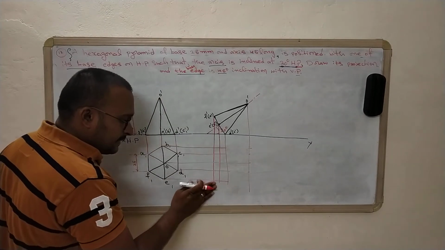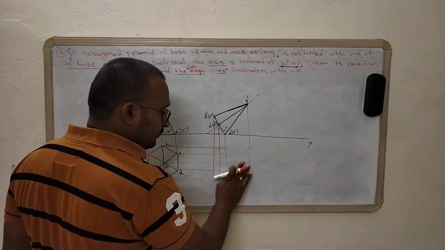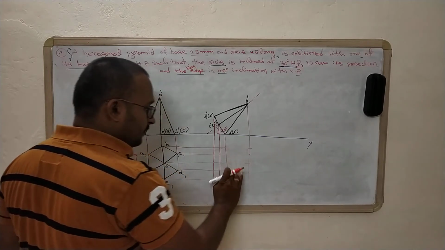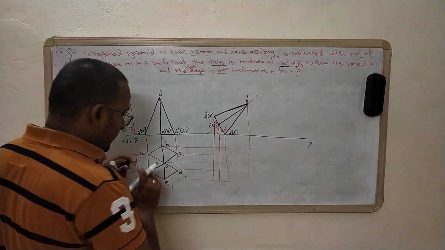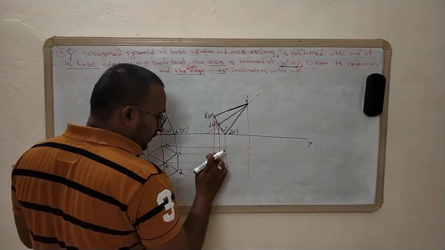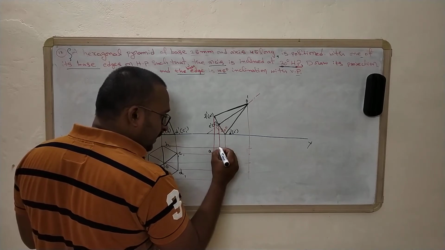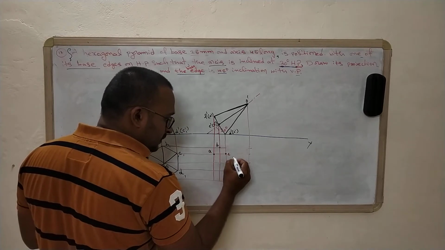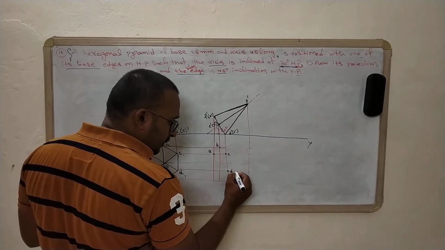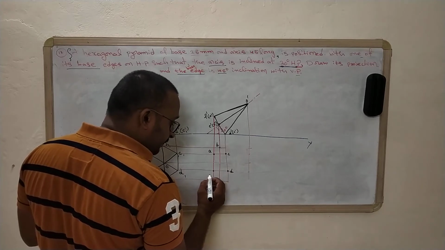So then the excess line should be erased. Now we need to mark the points A1, A dash, intersecting point A. Here this is the B, C, D, E and F.